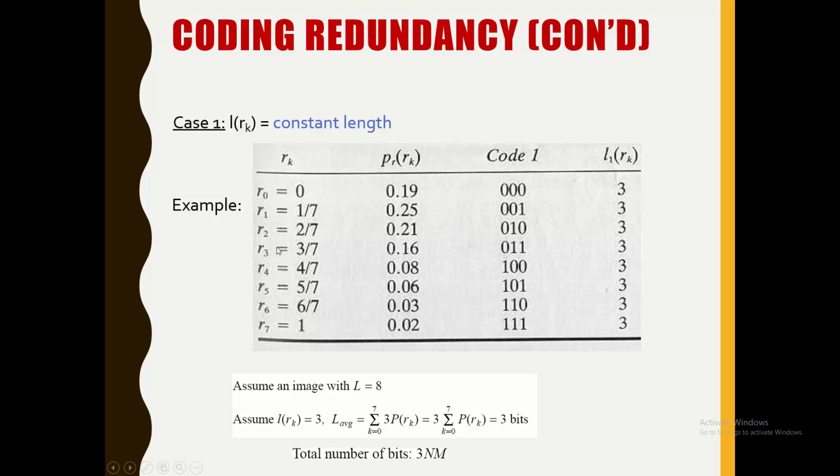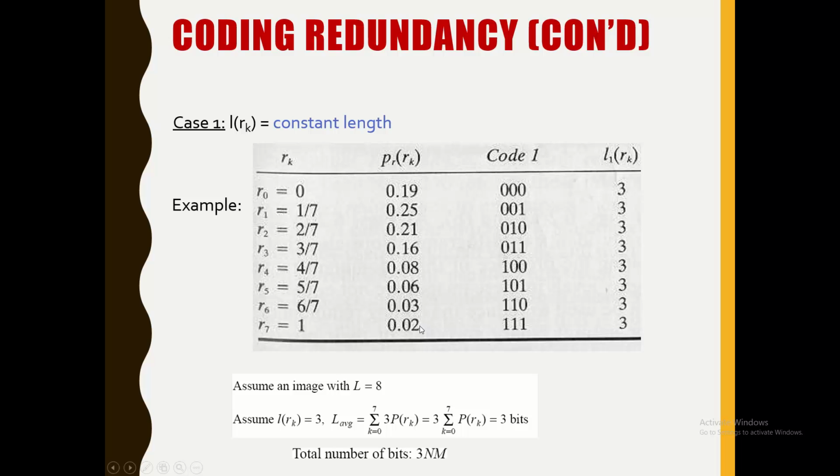These are the gray levels for 3 bits, and r7 is 7 by 7, which is 1. The probability of r0 appearing in the image is 0.19. For r1 it is 0.25, for r2 it is 0.21, for r3 it is 0.16, r4 is 0.08, r5 is 0.06, r6 is 0.03, and r7 is 0.02.